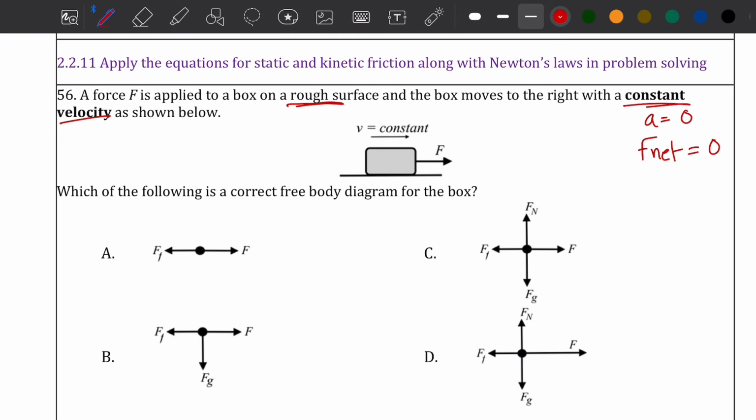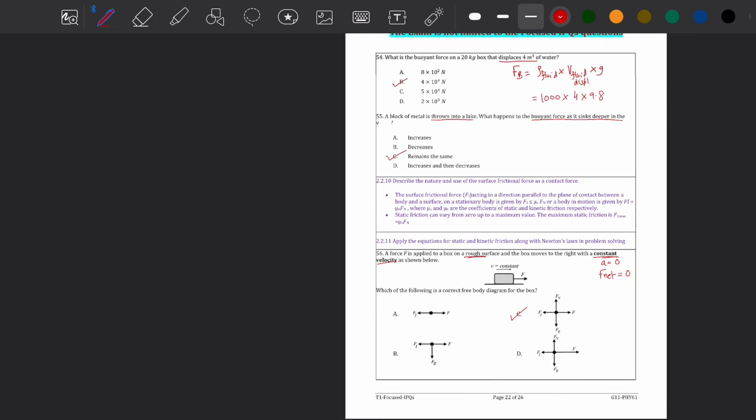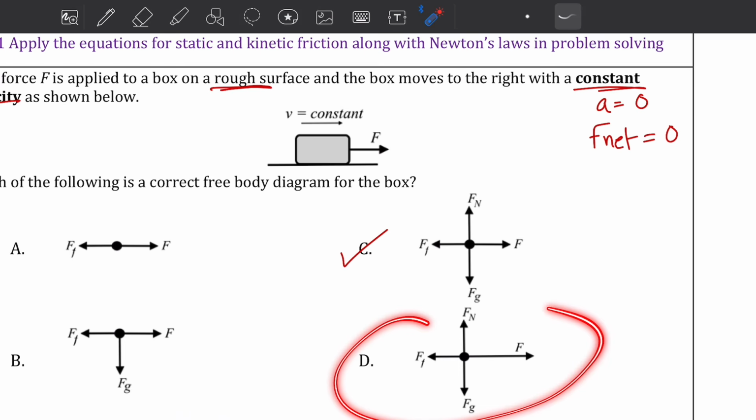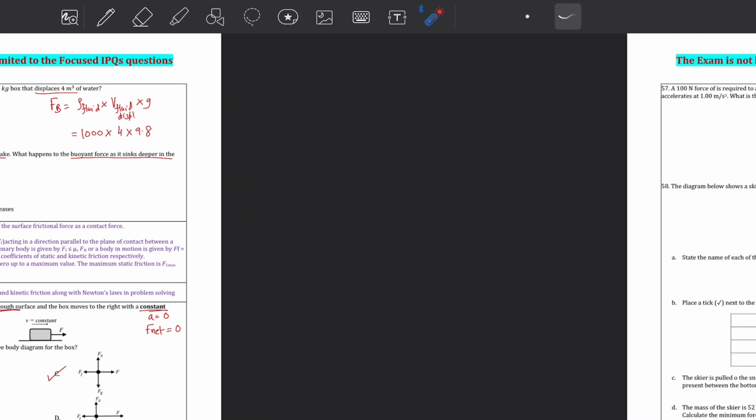So all the forces, left force should be equal to right force, up force should be equal to down force, and that is shown by C. D is incorrect because here right force is greater than the left force. That means the object is accelerating. Velocity cannot be constant. So our answer is C, because left and right, up and down, all the forces are equal to each other.